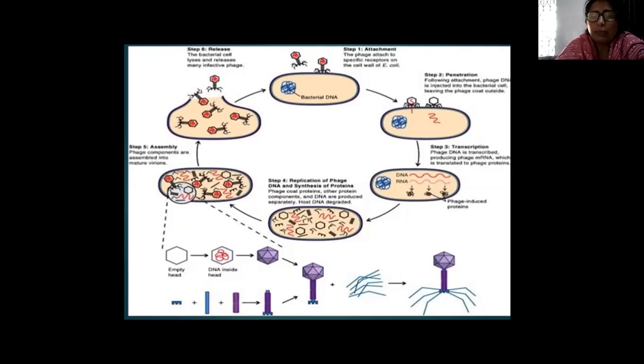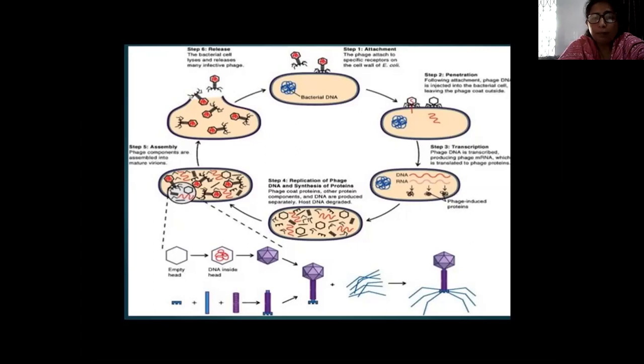The host cell does not produce its own proteins, whereas the phage DNA is transcribed, producing mRNA, and translates it into the phage proteins. A number of phage proteins are produced which are required for the replication of DNA of the virus.